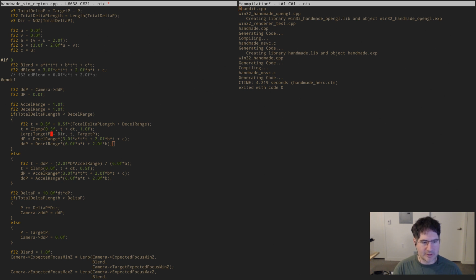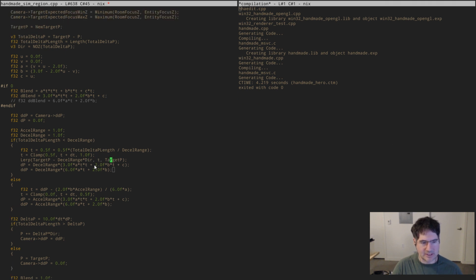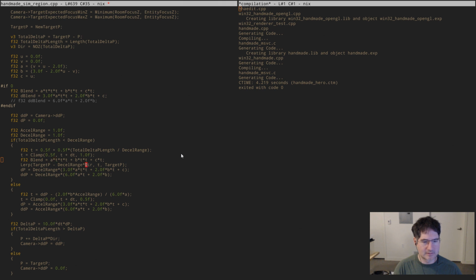So we want to lerp from the decel range. We want to lerp from here to here using our standard t value, right? And so in order to produce that smoothing, we need to do this. But it would just look like that.